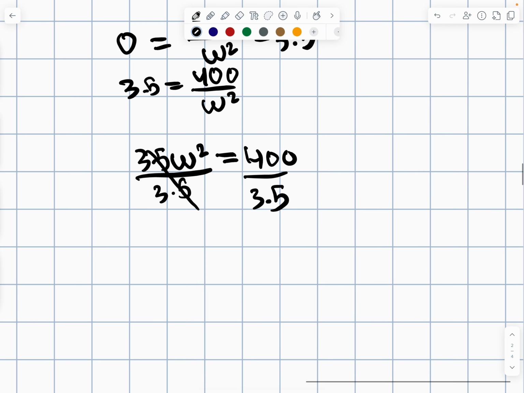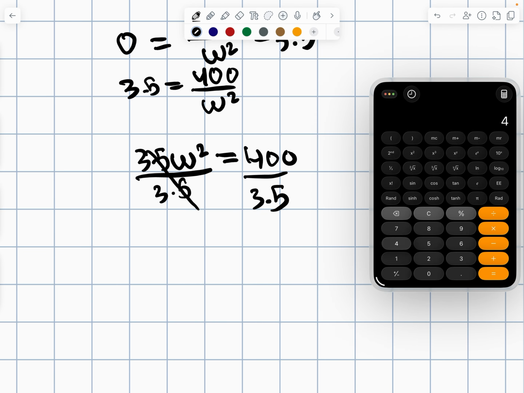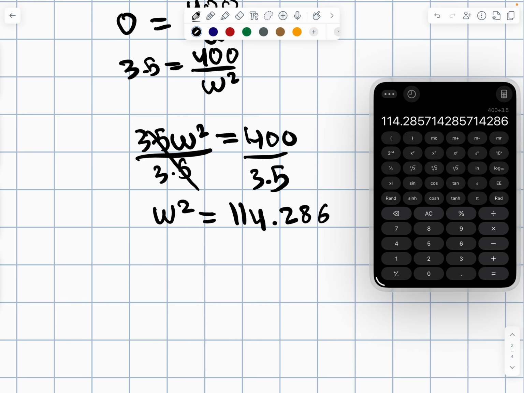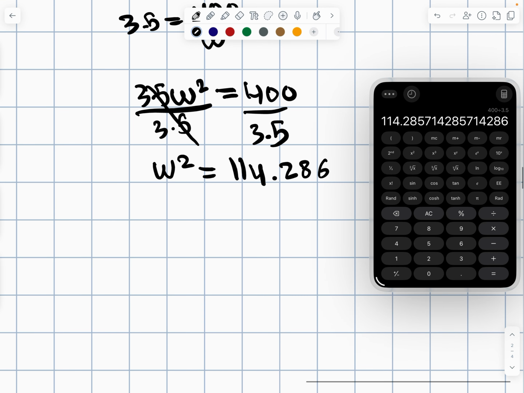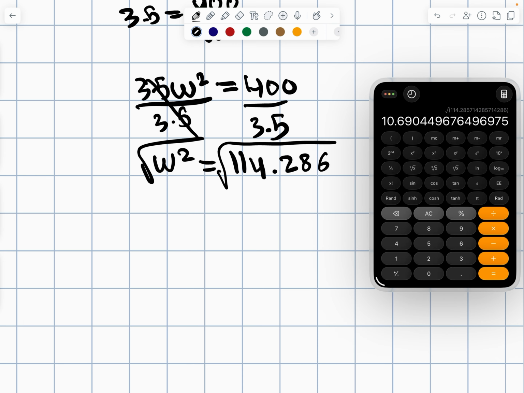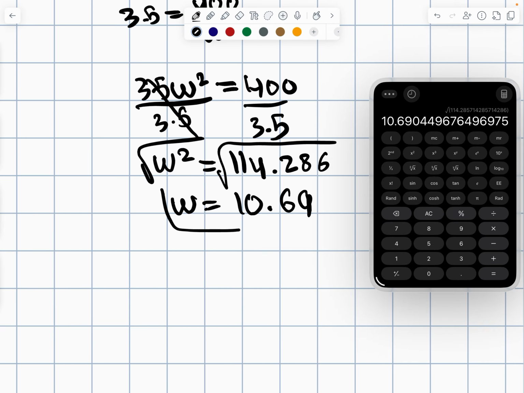This cancels out. 400 divided by 3.5 is 114.286. So w squared is equal to 114.286. Okay, now we're going to just take the square root of both sides. And once we do that, we should get 10.69. So w equals 10.69. That's one dimension we have so far.